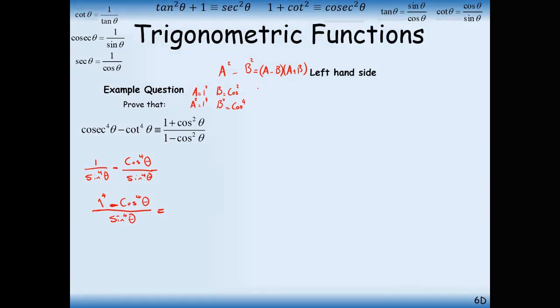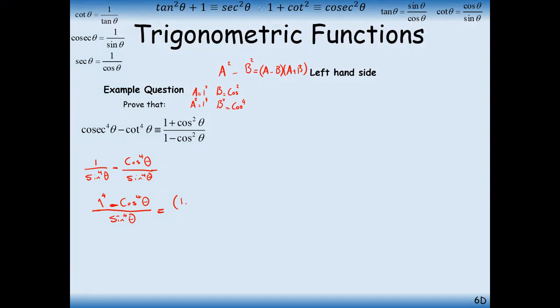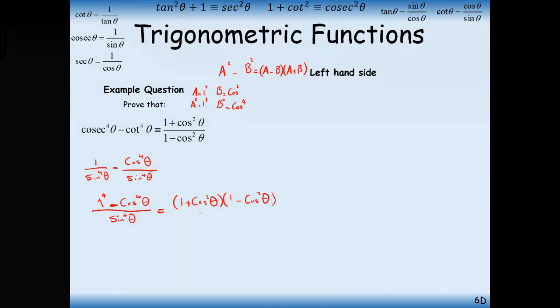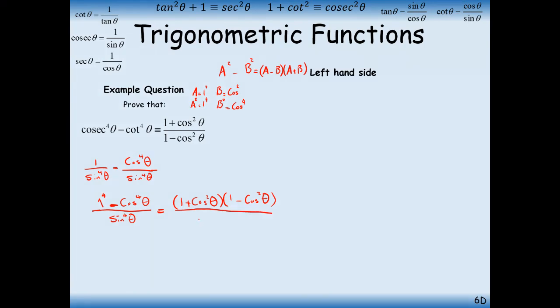So we could factorize the numerator as 1 plus cos square theta and 1 minus cos square theta, right? And we can rewrite sine to the power of 4 as sine square times another sine square, and we know the other. Okay, let me just write it.